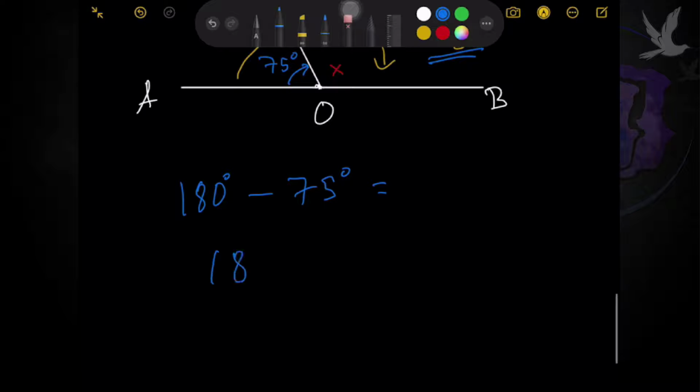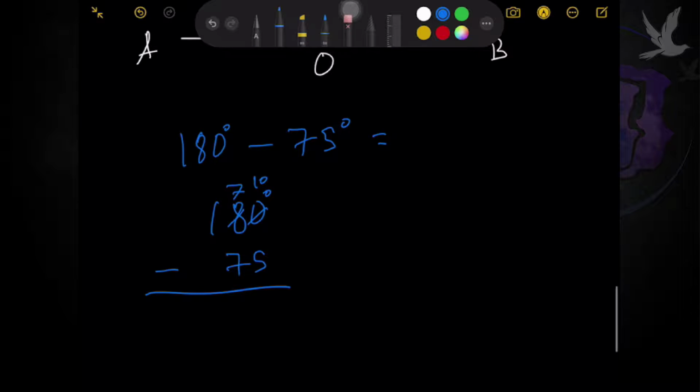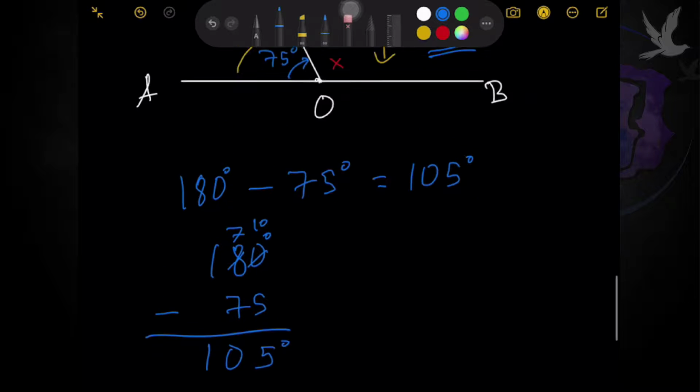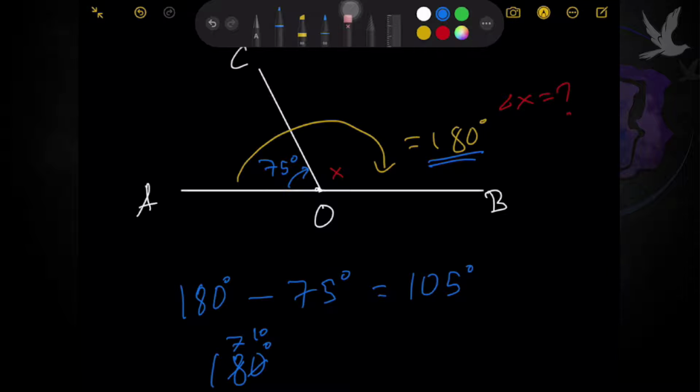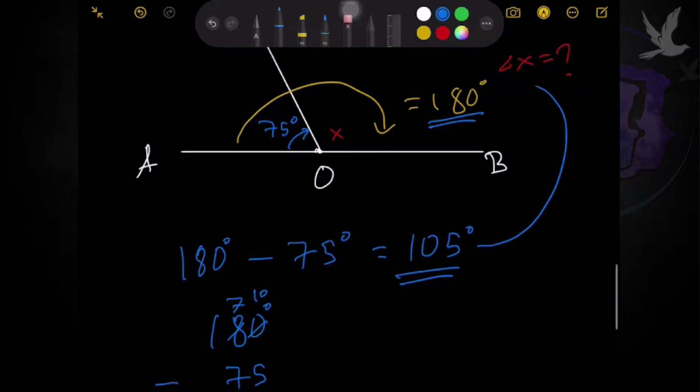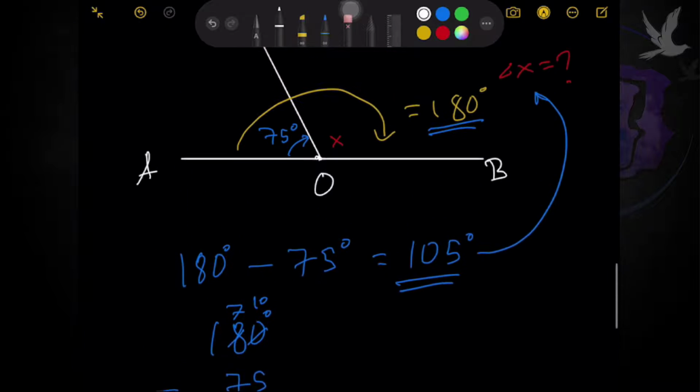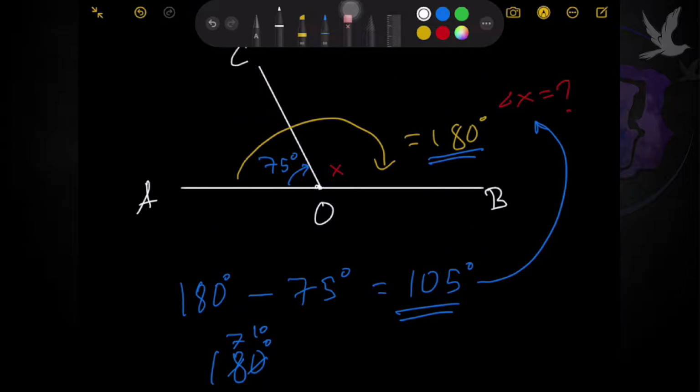Doing so, 180 degrees minus 75 degrees: borrow, should give us 10. 10 minus 5 is 5. 7 minus 7 is 0. Bring down 1, that's 105. So our final answer is 105 degrees, which means angle X is equivalent to 105 degrees. That's how you solve it if one angle is missing and one angle is given.